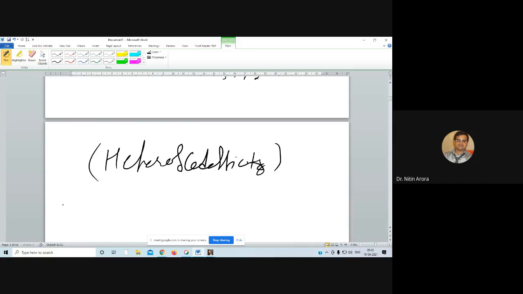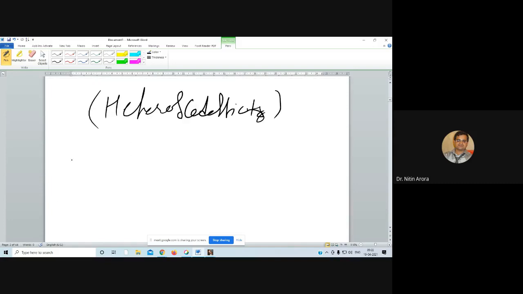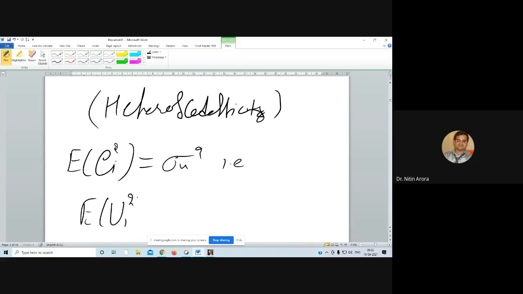One of the assumptions of OLS is homoskedasticity, that error must have constant variance. We say expected value of ui square must be sigma u square, that is a constant.